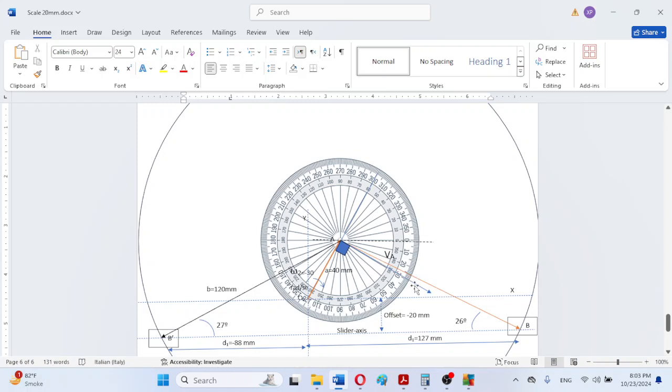So between this vector and this, the total is 90 degrees, so 90 minus 60 means the angle between this VA and the horizontal will be 30 degrees. Graphically it is showing about 29 degrees, because there are some variations or limitations in the positioning of the protractor.